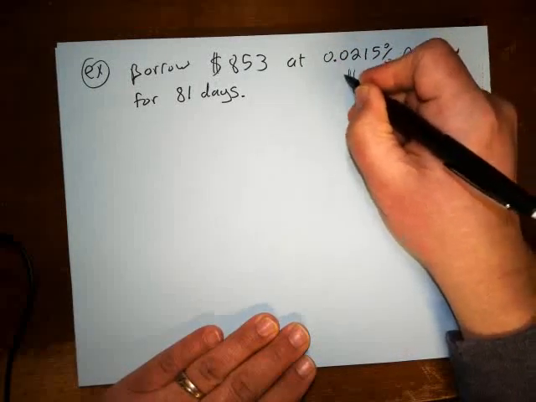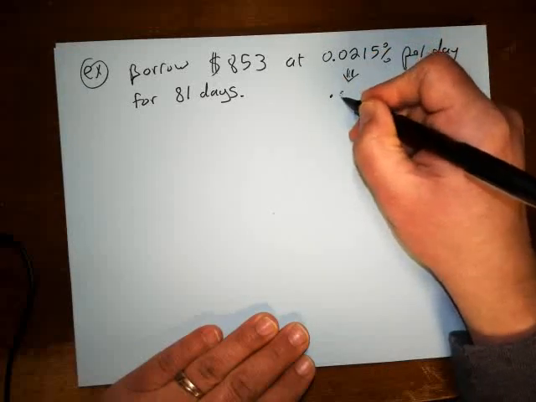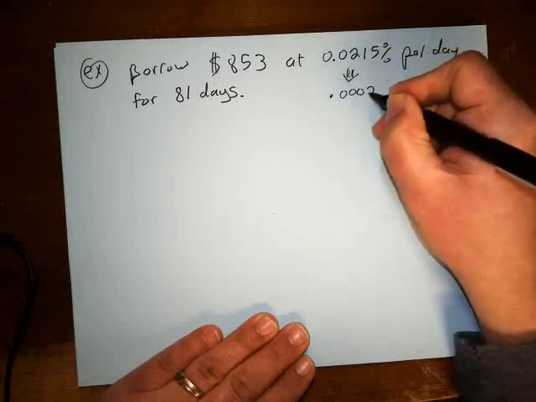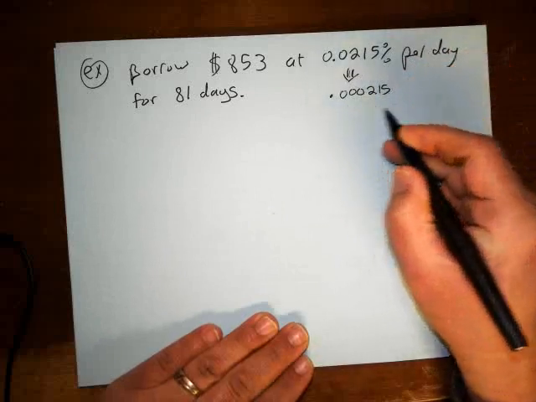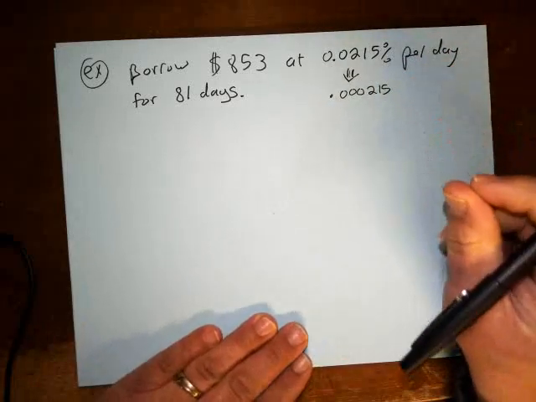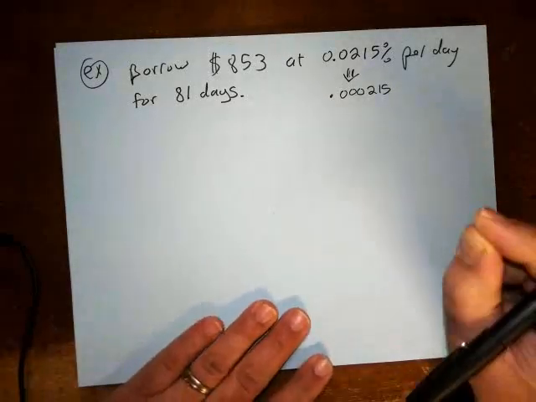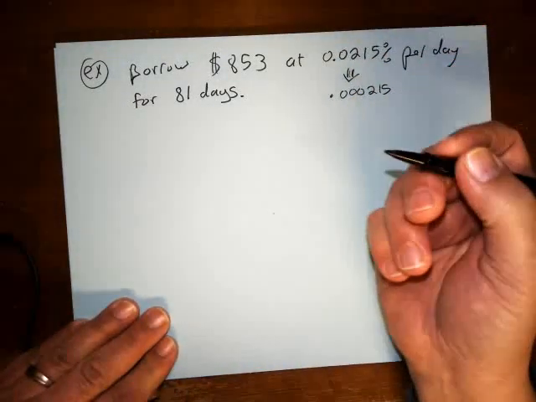So if I convert this into a decimal, I'm moving that over 2 places, and I would actually get this. So it's a really small decimal. Okay, just a small fraction per day. You owe that percent per day.